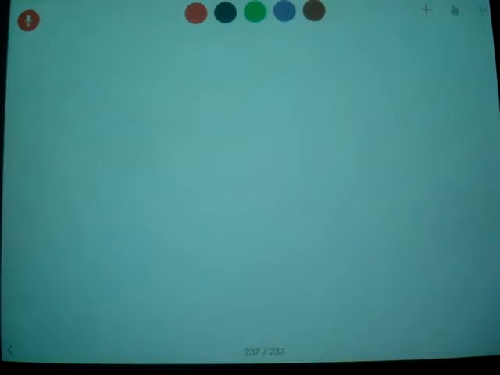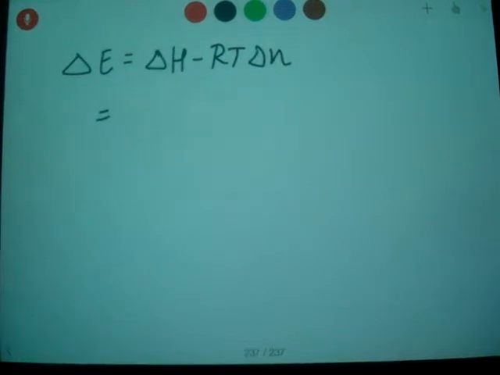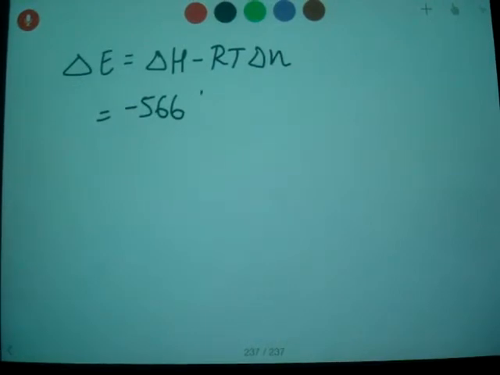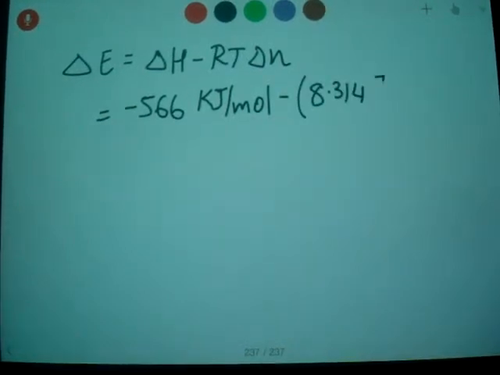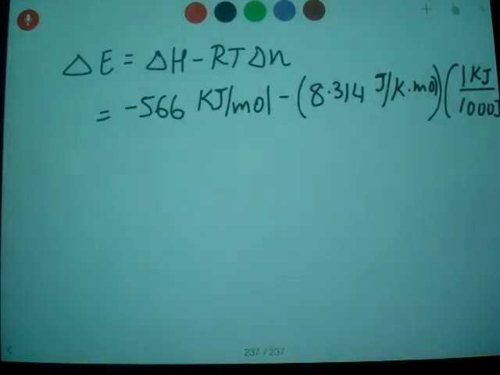So now let's go to the next slide. And we can calculate delta E equals delta H minus RT delta N. Delta H is given, negative 566 kilojoules per mole, minus R, 8.314 joule per mole, and we convert joules to kilojoules.